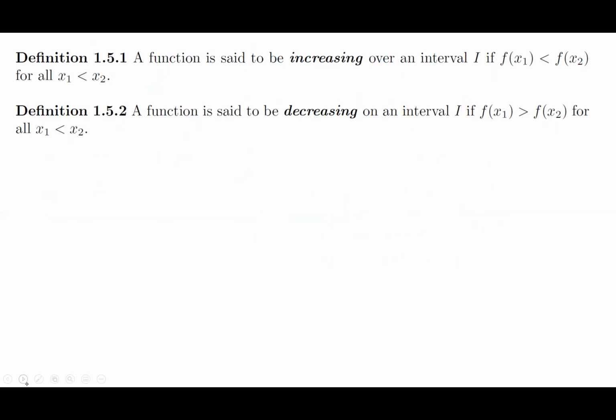A function is said to be increasing over an interval I if f(x1) is less than f(x2) for all x1 less than x2. And similarly decreasing: f(x1) is greater than f(x2) for all x1 less than x2. Well, let's make sense of that, okay? Increasing, what does that mean?